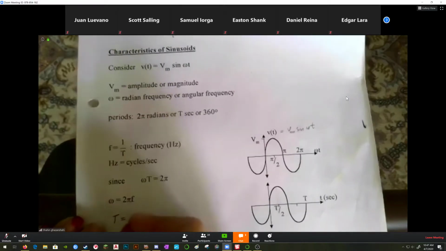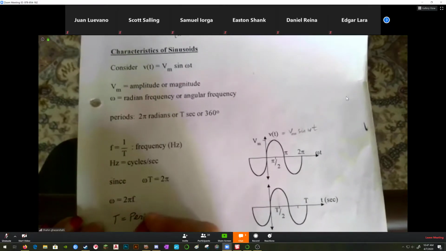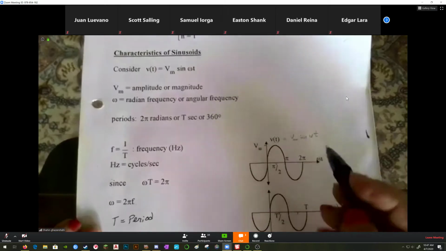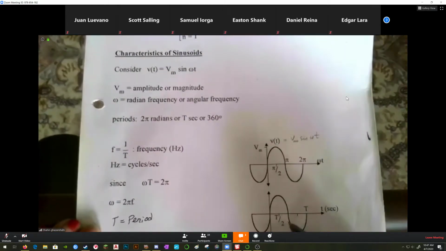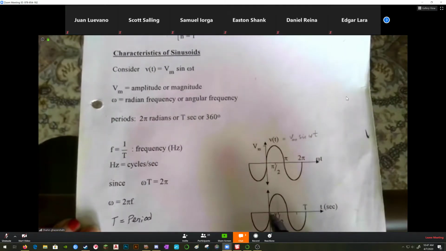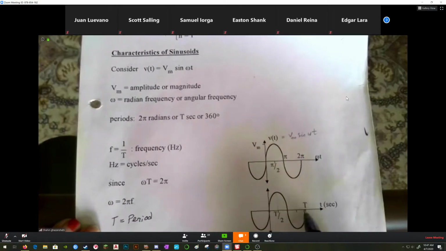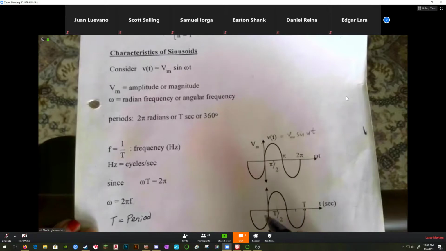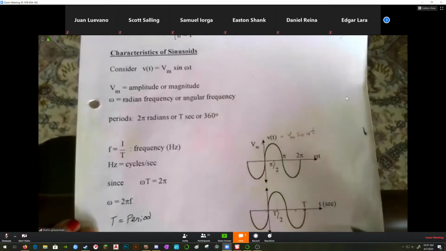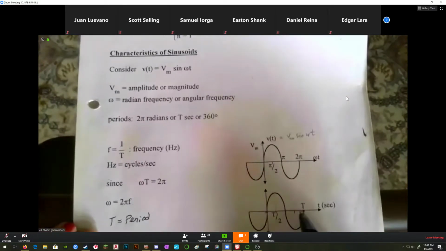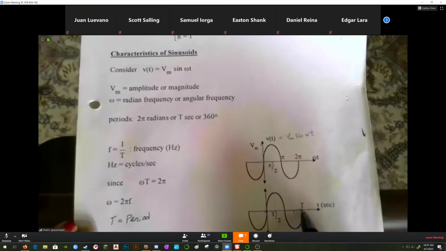T is the period. So when I plot this sinusoidal signal, this is one complete cycle. The period is T, and a sinusoidal is a periodic function, correct? So this is the period of that.